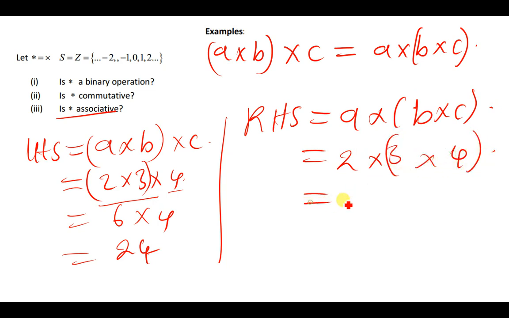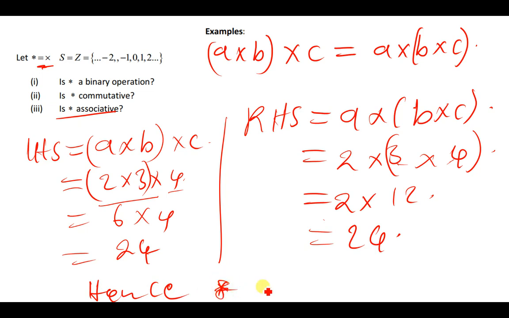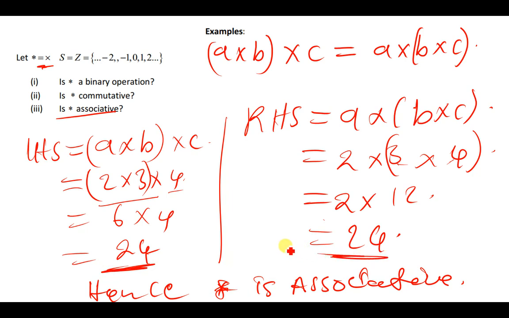So we start with what is in the bracket: 3 times 4 is 12. So 2 times 12, you get 24. Hence, the given operation, which is multiplication, is associative. Since we found the same answer on this side and the other side, star is associative.